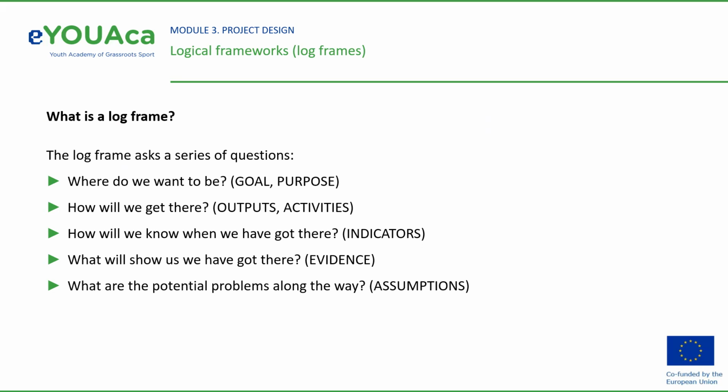What will show us we have got there? That is, what will be the objective evidence of success? And finally, what are the potential problems along the way? That is, the risks and assumptions. It might sound complex, but it is a logical way to approach the preparatory phase. It supports the preparation of an appropriate project plan.